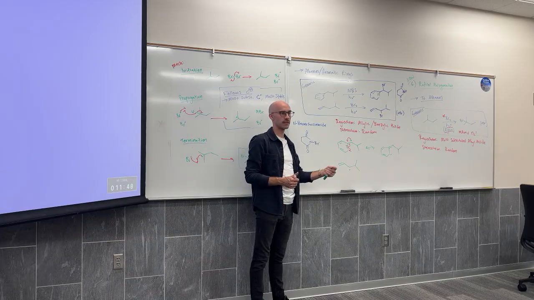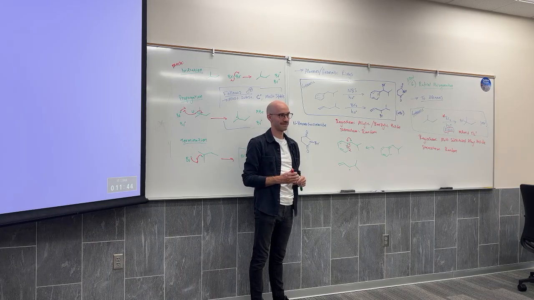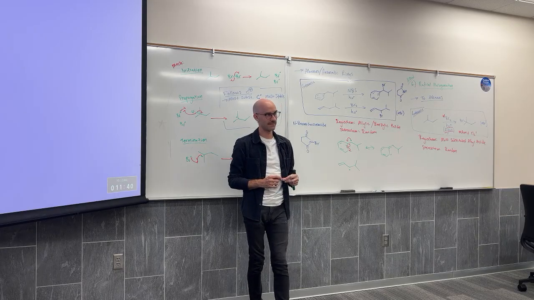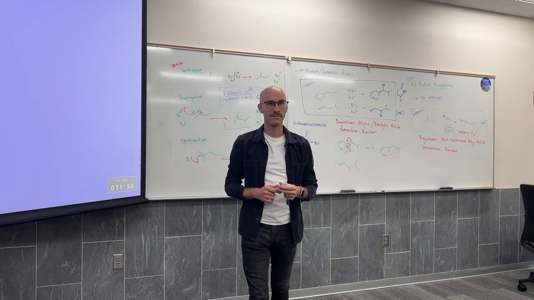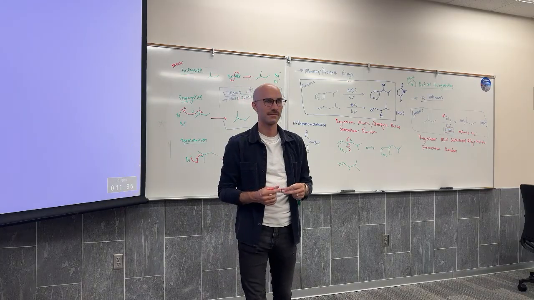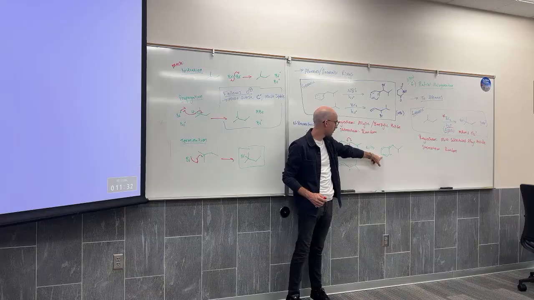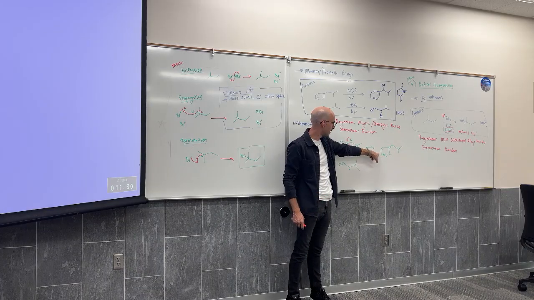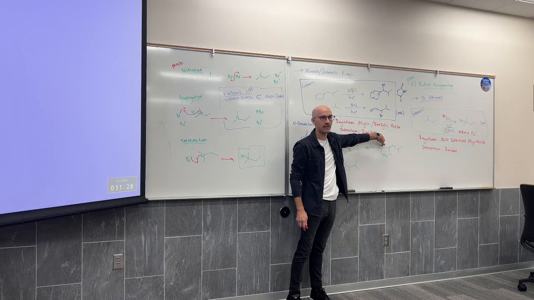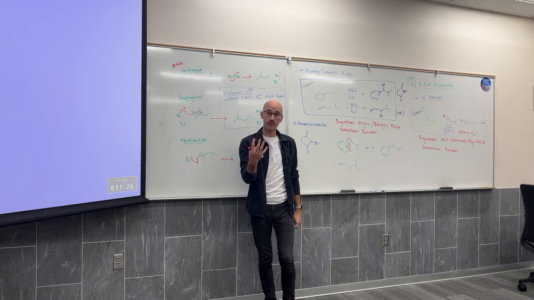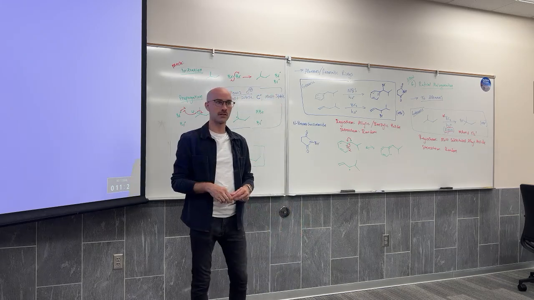And how many more resonance forms are there? Two more. This radical can move to this position, and then lastly, it can move to this position. So there's a total of 4 resonance structures.